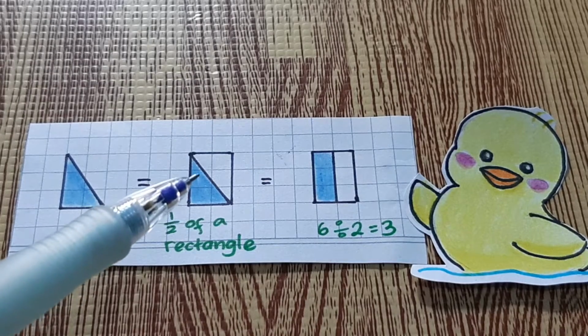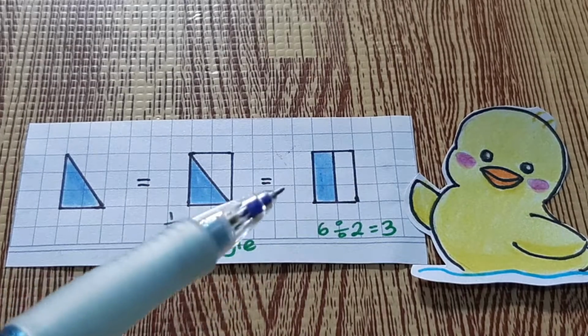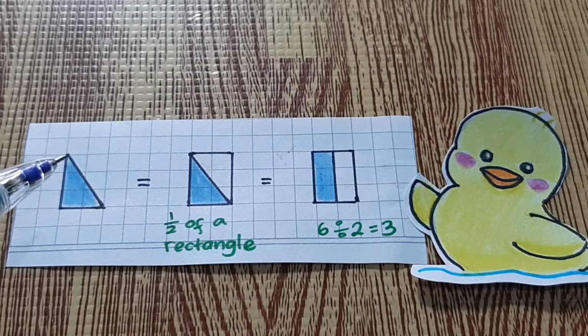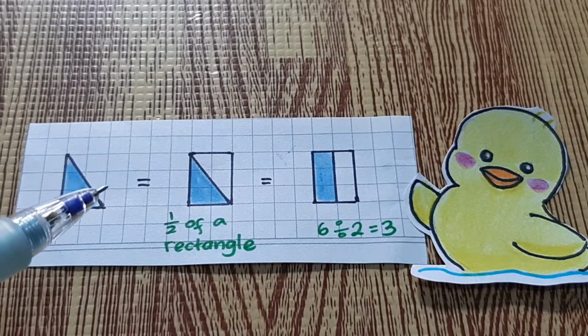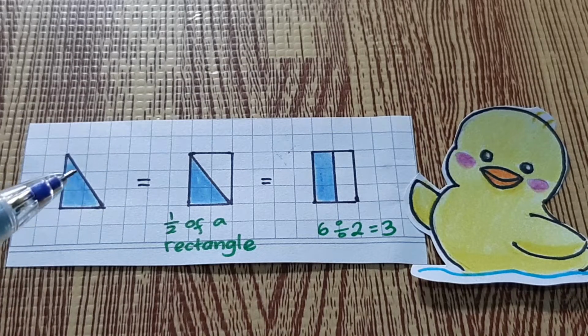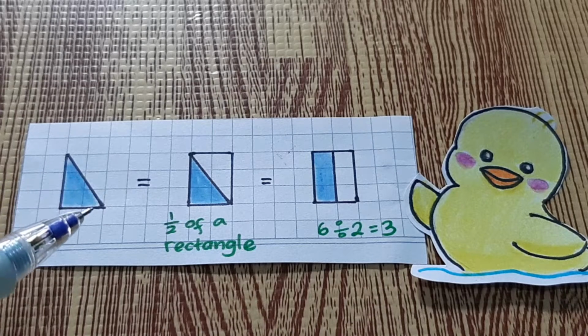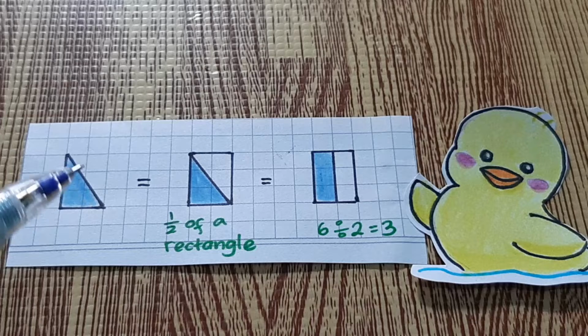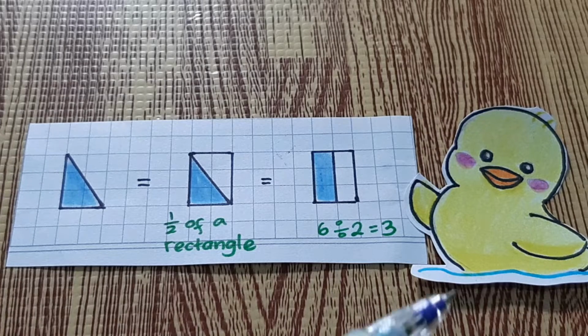Again, how do you count it? If you cannot draw it like this, you just count this one. Imagine that this one is a rectangle. So 1, 2, 3, 4, 5, 6. Since it's half of it, 6 divided by 2 is 3. Do you understand?